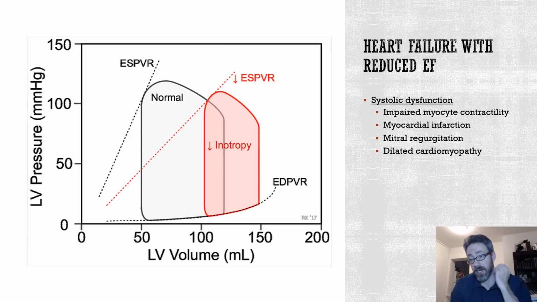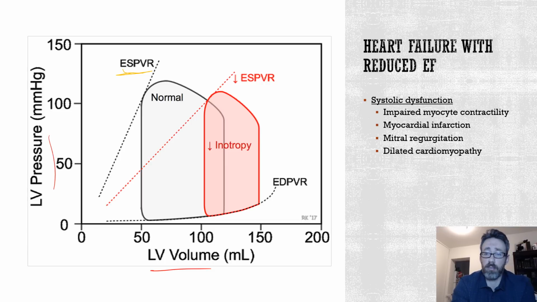So how can I tell the different types of heart failure with that information using these pressure-volume loops? So here's our pressure. Here's our volume. Here's our normal loop, which you can see is labeled in black. Okay. I have to use a different color for this. All right. So here's our ESPVR of our normal. And then look what's happened over here.